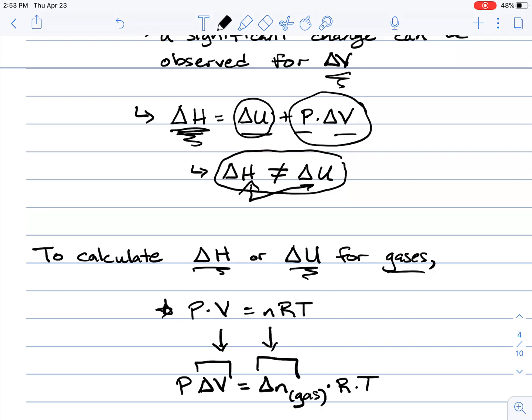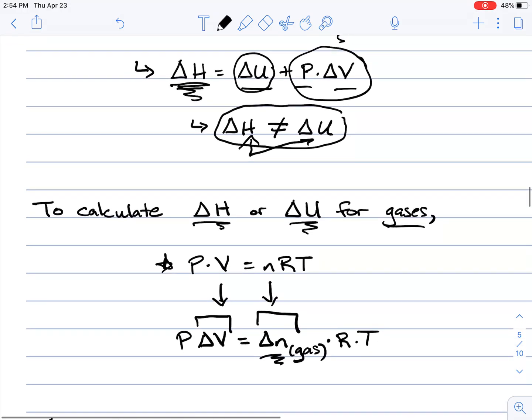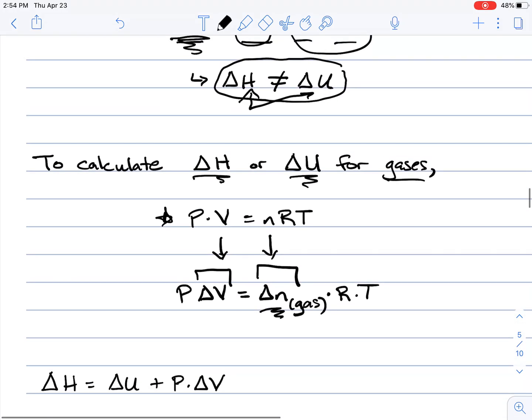Here, we're simply imagining that if we have a chemical reaction occurring, the change in the volume of the container is dependent on the number of moles of gas present in the system. Once we've made that assumption, we can substitute some terms.